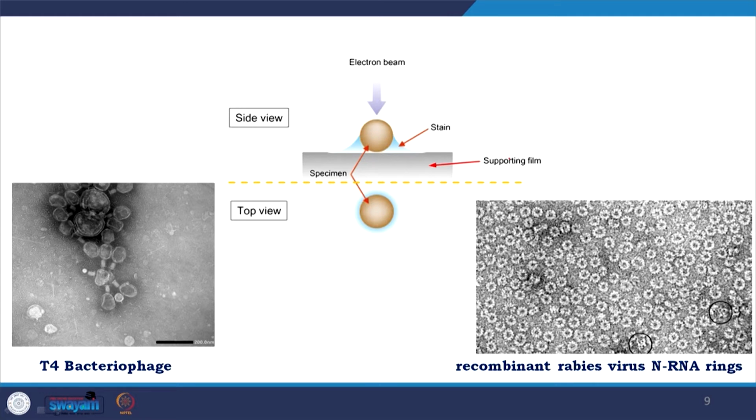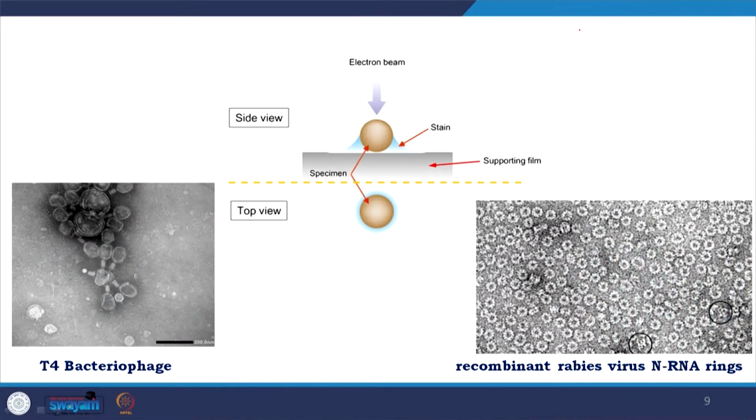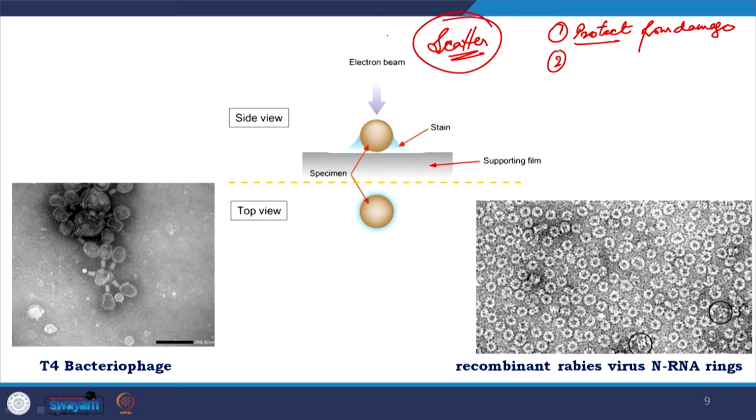So, by doing negative staining, you start getting better resolution because, one, it protects from damage, in addition it scatters more strongly, and it also protects from the high vacuum setup.